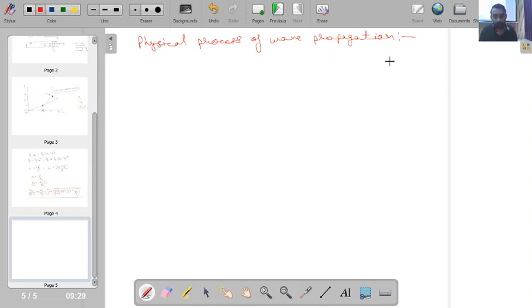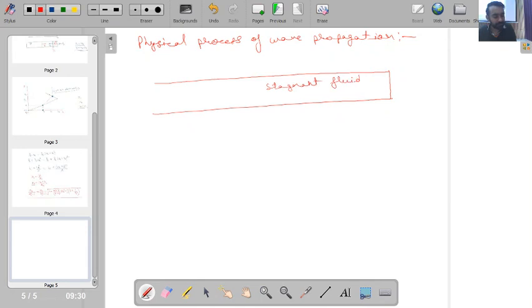So to see the physical process of wave propagation, once again we can consider a shock tube, and in this shock tube, say initially I have stagnant fluid, such that its density is rho infinity and its velocity is v infinity, which is equal to 0 because it's a stagnant fluid.